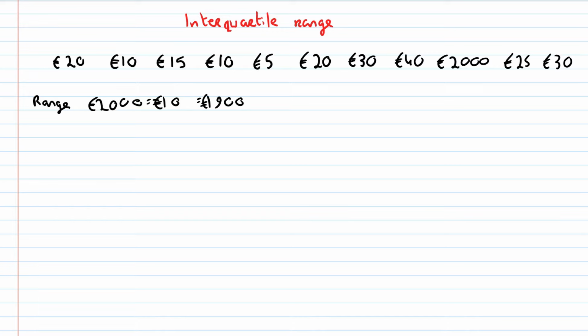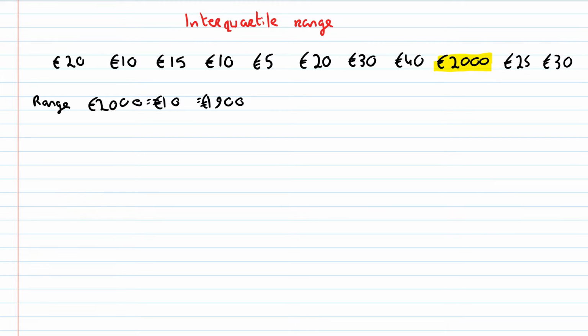So a range of 1,900. Now that would suggest that the data is really, really spread out. And it is. But that's not telling the full story, because most of the data is around the 15-20 euros mark. The only thing that makes this data spread out is that 2,000 euros. So the interquartile range will ignore that 2,000 euros. It would also, if there was a very, very low mark, ignore that as well.